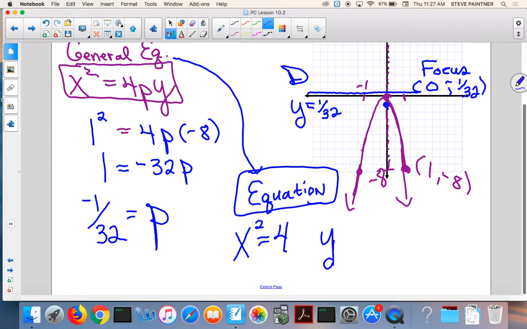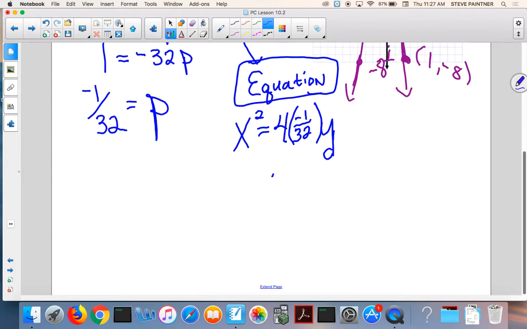But what is p? Negative 1/32. What does that come out to? Negative 1/8 y. And that equation is that parabola right there.